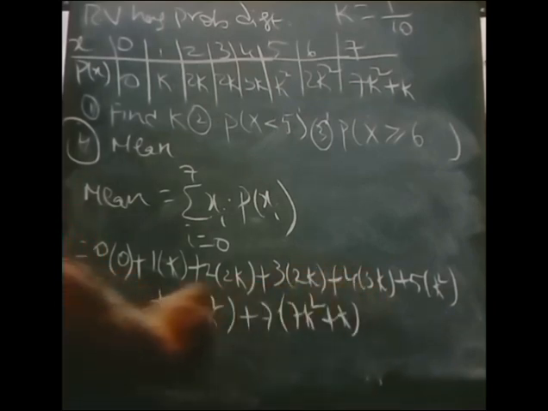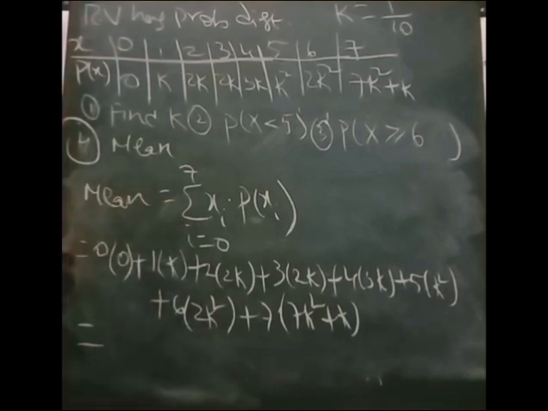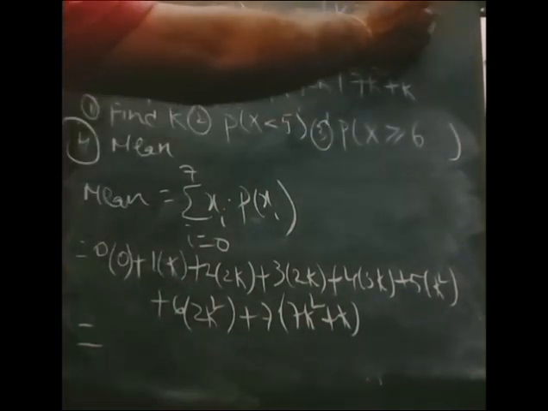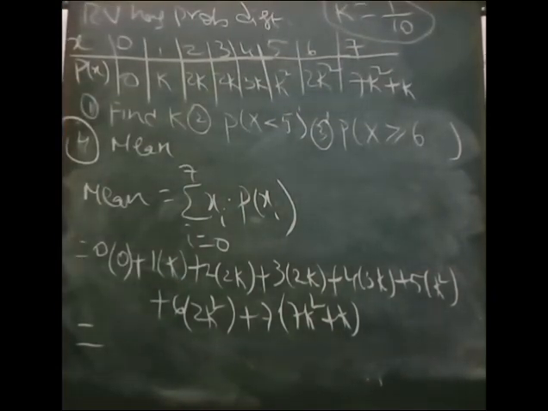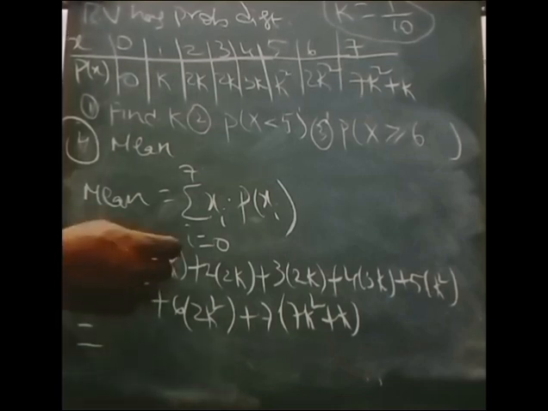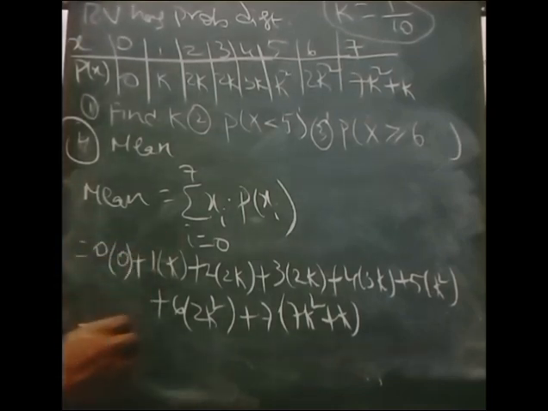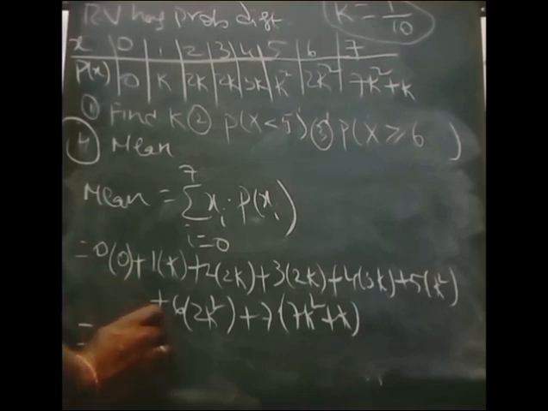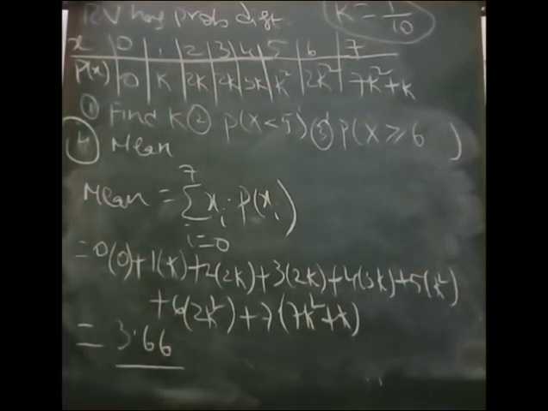So by considering the k value as 1 by 10, what we already determined previously, and substituting the k value and evaluating this equation, we may get approximately 3.66. We get the mean value by substituting k equal to 1 by 10 in this equation.